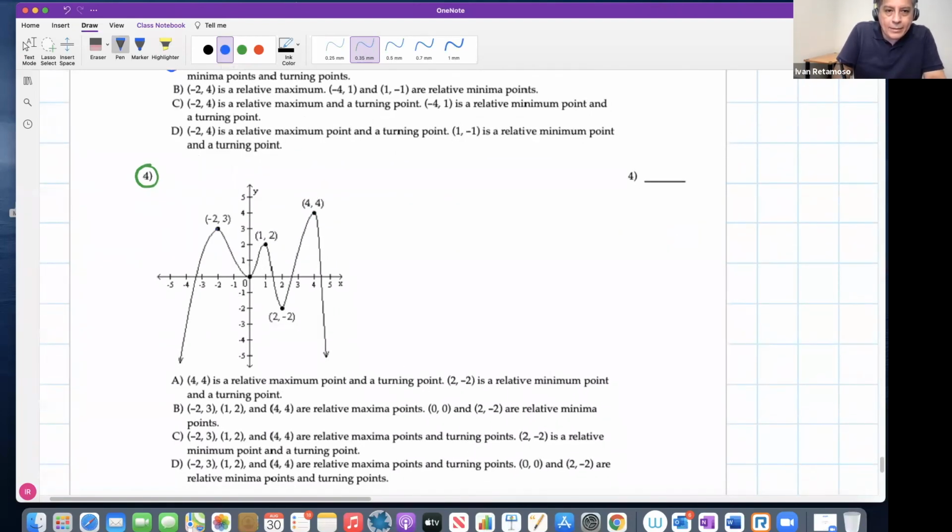As a hint, I'm going to mark the top of the mountains with blue and the bottom of the valleys with red. It's an important point, right?